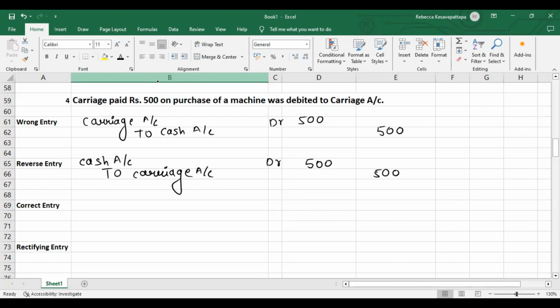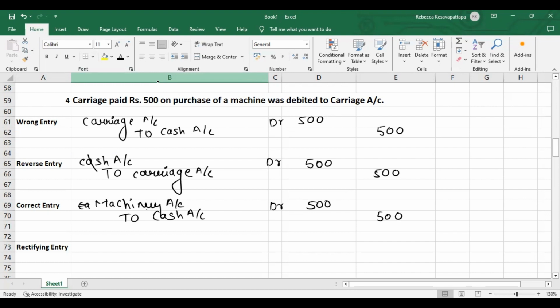The correct entry should have been machinery account debit to cash account 500.